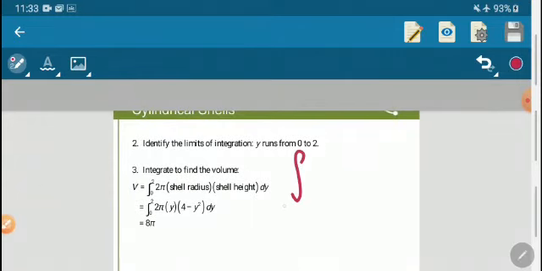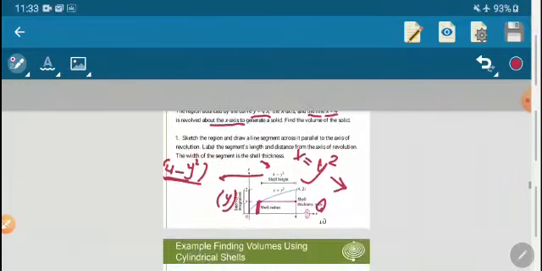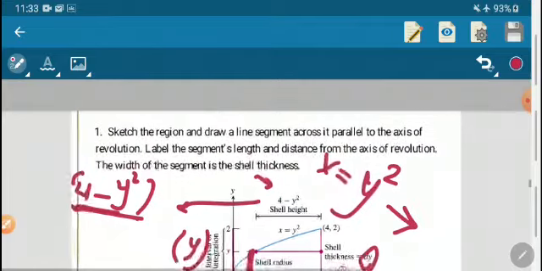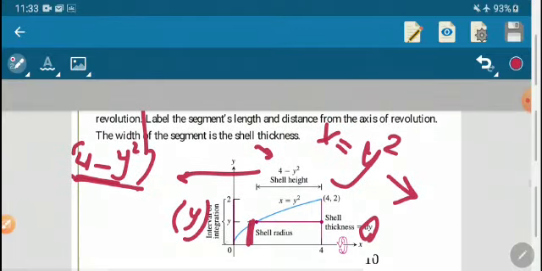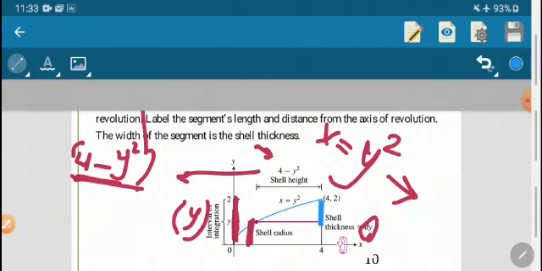Then our rule becomes: integrate over the interval from 0 to 2, and here is the line x equals 4, which is parallel to the y-axis. Here is the shell height, 4 minus y squared, the shell radius, y, and the thickness, which is dy.